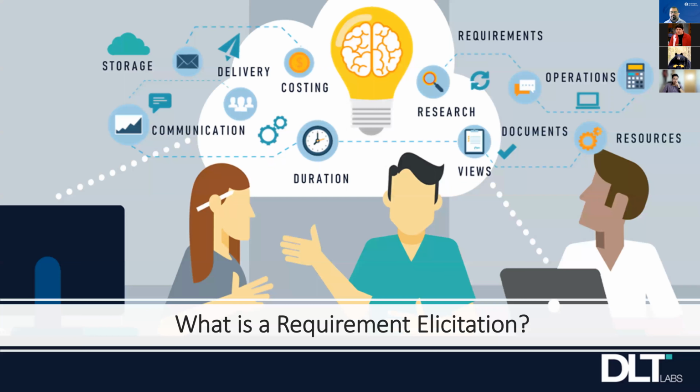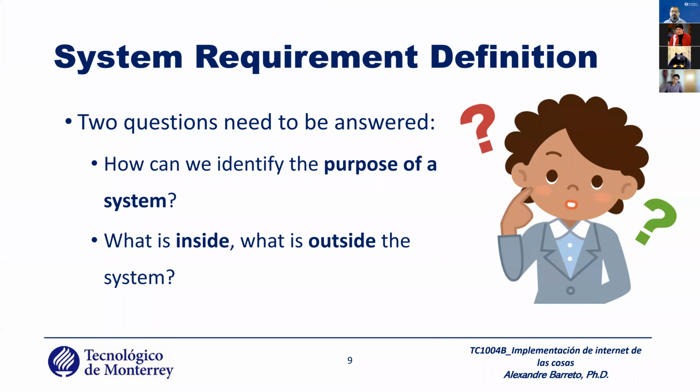So now you understood what a functional requirement is, and in particular, what a functional and a non-functional requirement is. The next step is how to state requirements, how to get requirements, okay? First, you need to think about one thing.